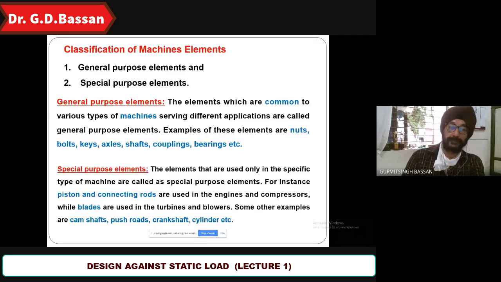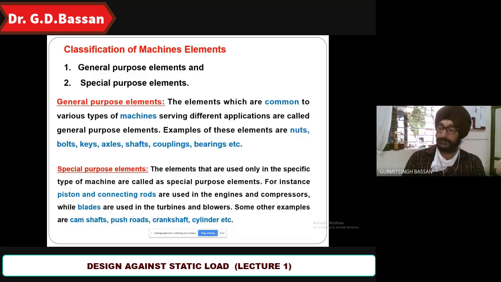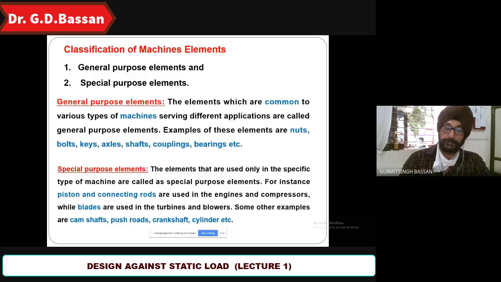We can have nuts, bolts, keys, axles, shafts, couplings, bearings, etc. These are the elements which are used irrespective of the different machines. So they are commonly used in different machines. Okay, so that is known as a general purpose element.